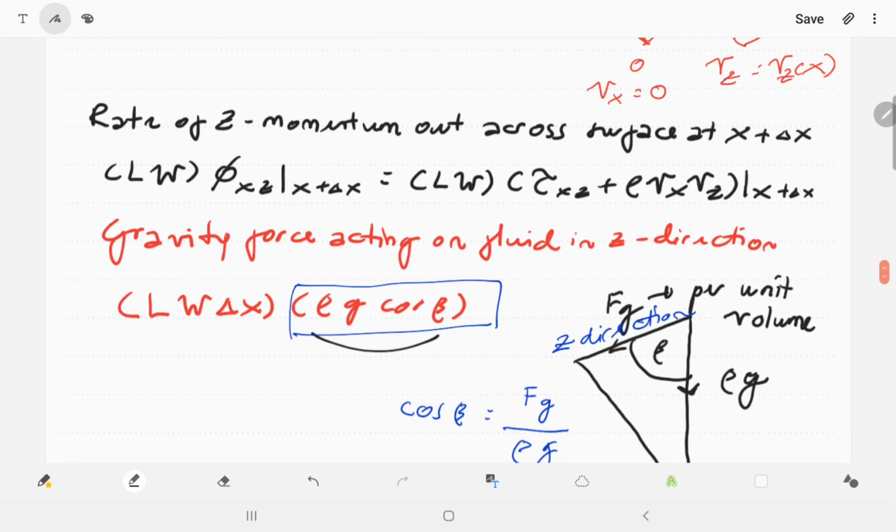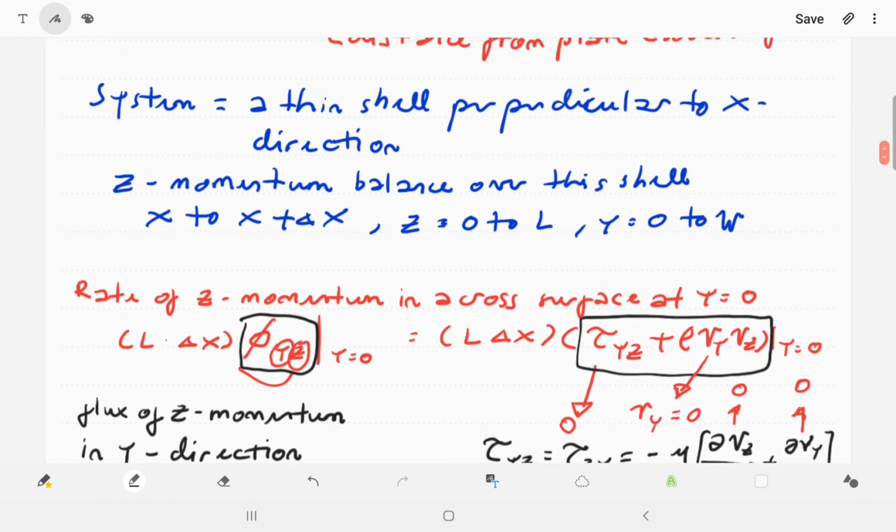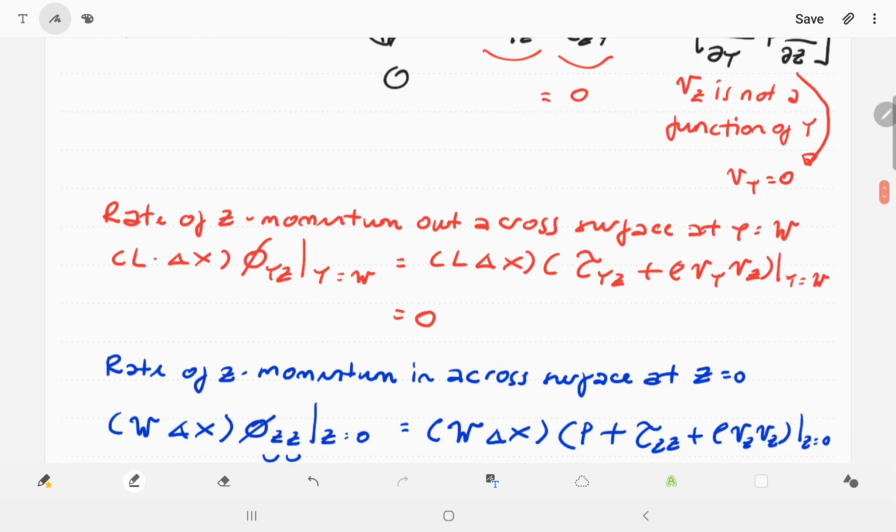Okay, now if we go back here again, it is clear that this term will be equal to 0. This will be equal to 0 because this one is equal to 0, this one is equal to 0, so we don't need to consider this term further.